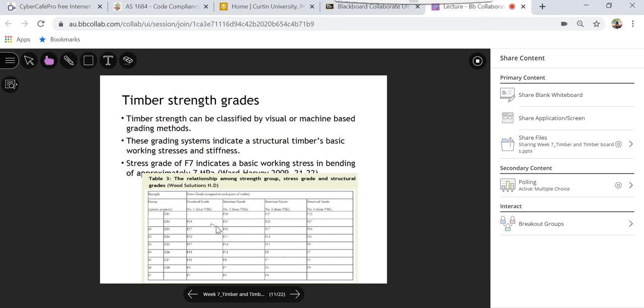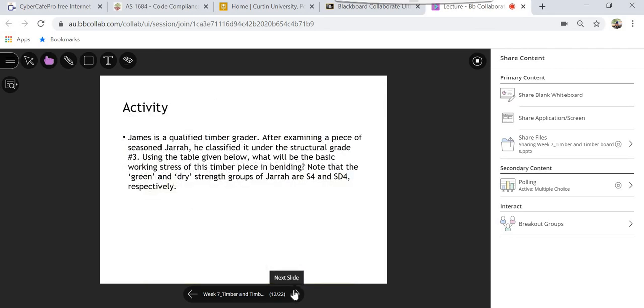The stress grade is decided based on both the type of species as well as the visual grading by a qualified person on an individual basis. Let's see how we can see this through an example. James is a qualified timber grader.